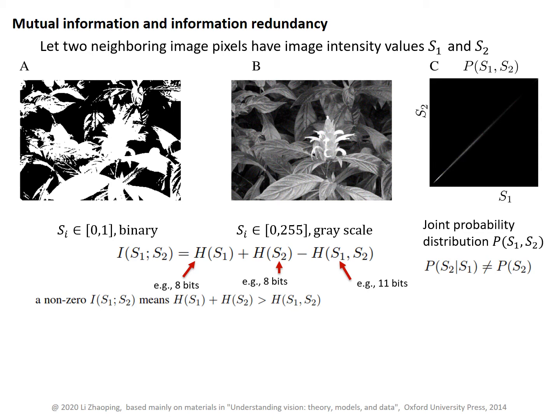In general, given n variables, S1, S2, S3, etc., the summation of individual entropies is always larger or equal to the joint entropy, and this summation is the coding capacity needed to represent all the signals individually in the raw input form, S1, S2, S3, etc. And the joint entropy is the amount of the actual information represented by the raw input representation.